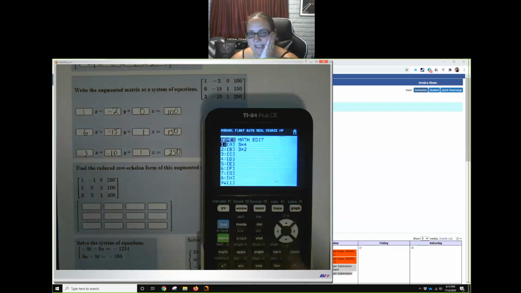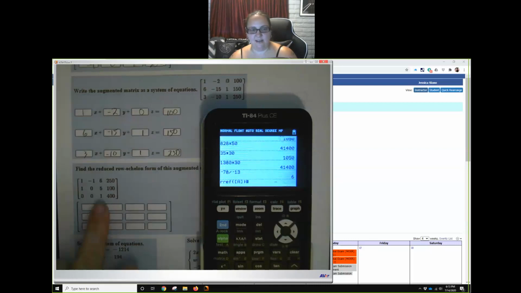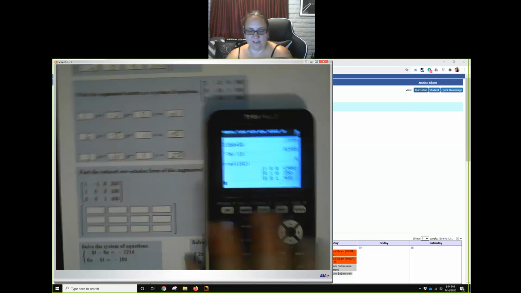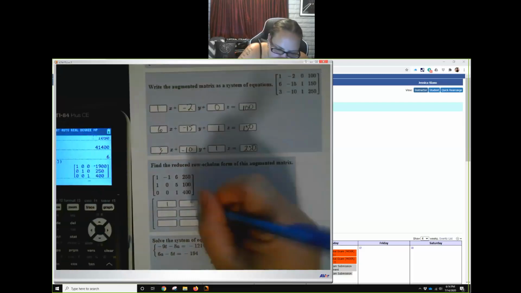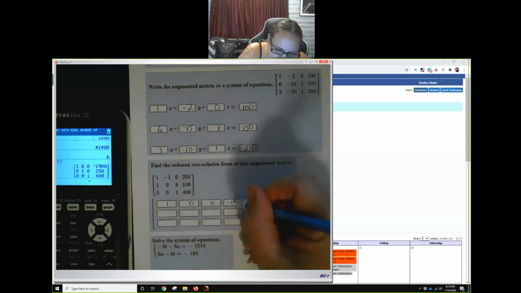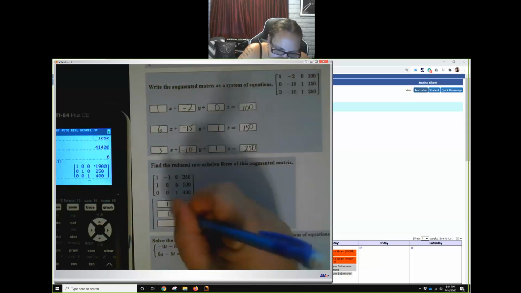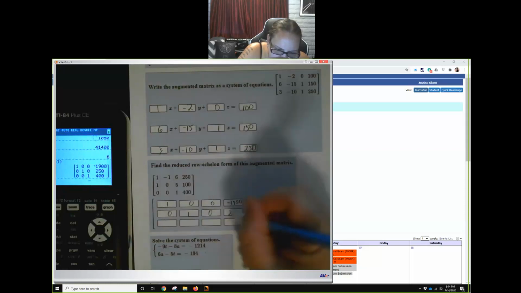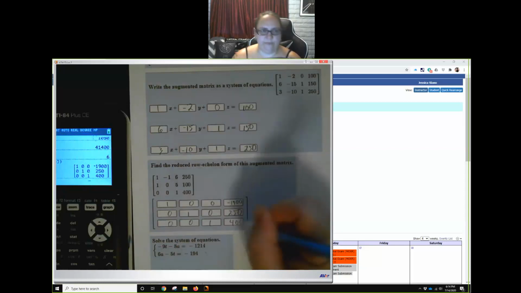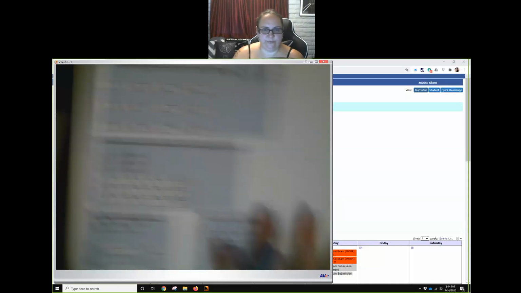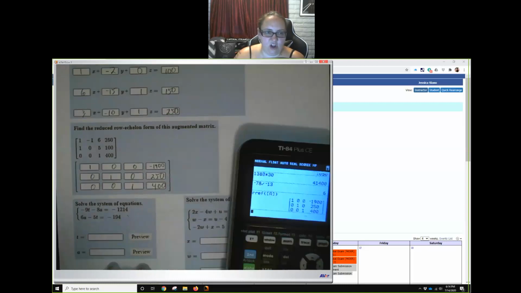And then you're just going to press enter on matrix A because that's the matrix that we saved this in. And then press enter. And again, we're going to copy all these numbers into the boxes. So yeah, this homework assignment is all calculator work.